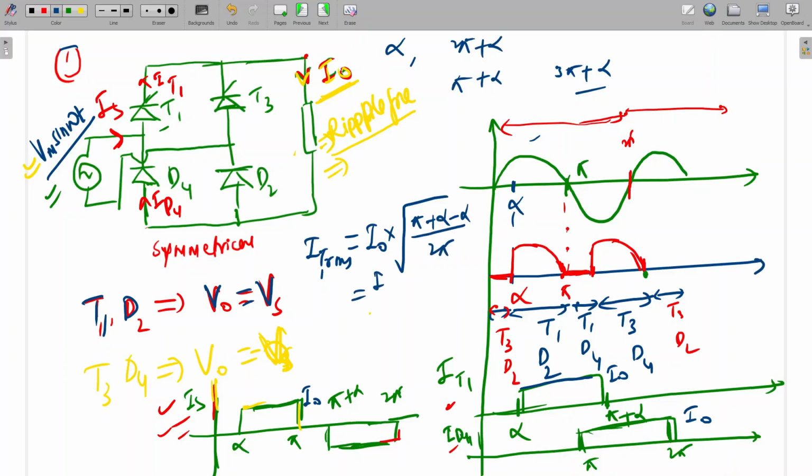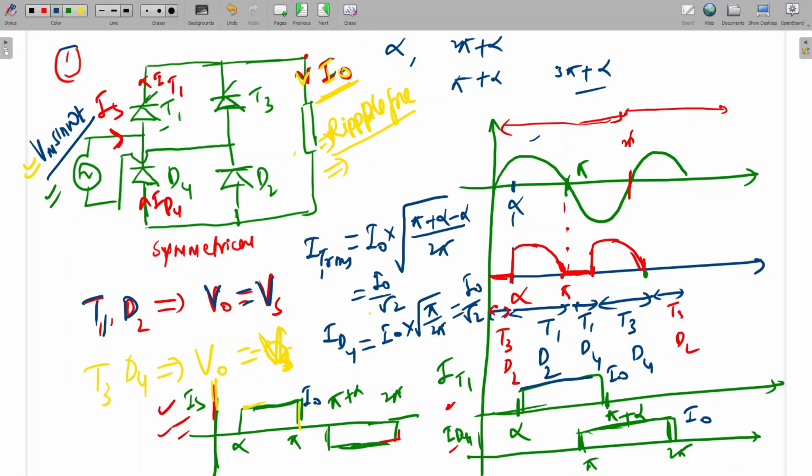So it will be I naught by root 2. ID4 is also the same, 2 pi minus pi, so it is pi. ID4 will be I naught into pi by 2 pi, so it will be I naught by root 2.